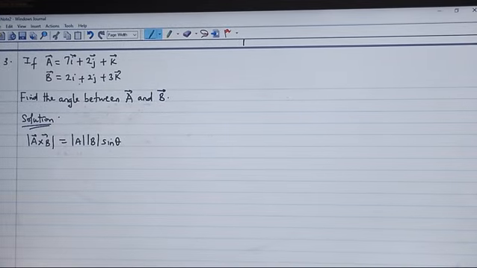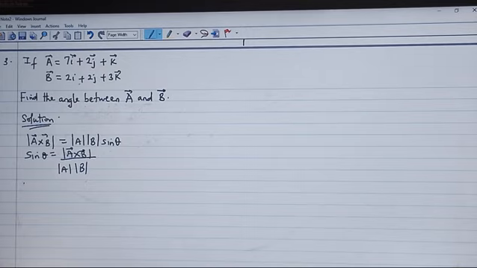So if that is the case, then sine theta gives us the magnitude of A cross B all over the magnitude of A times the magnitude of B. I can just express it this way. So first and foremost, we're going to find the magnitude of A and B respectively.